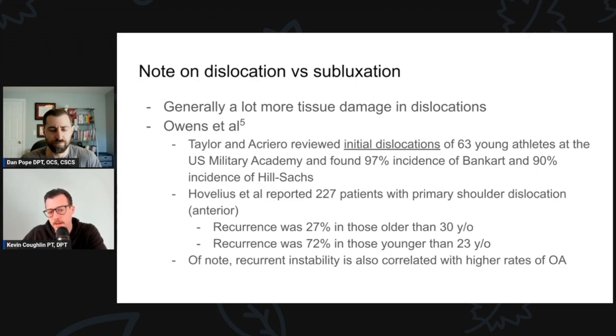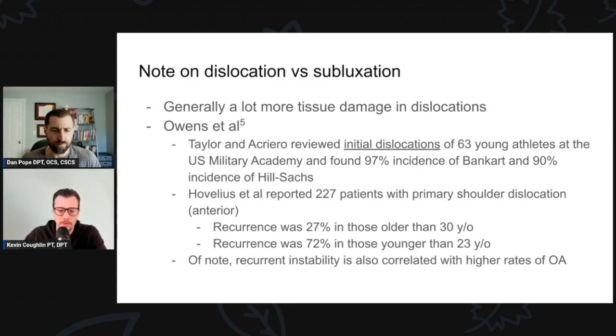And then these were just some interesting statistics. So Owens was a kind of a big name. I can't remember his first name, but for going over some of the instability research, I think he's a medical doctor, not a PT, but he had a lot of good articles out there.